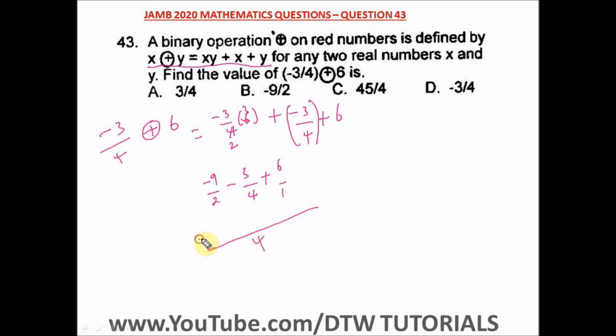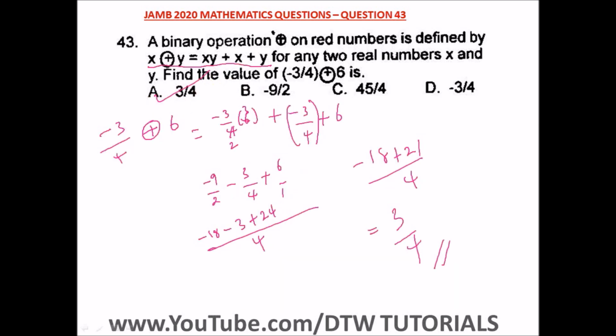So we have minus 18 minus 3 plus 24. This leaves us with minus 18 plus 21 over 4, which equals 3 over 4, which we have as our answer A.